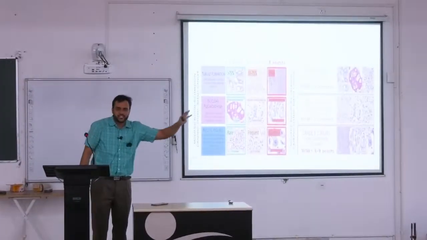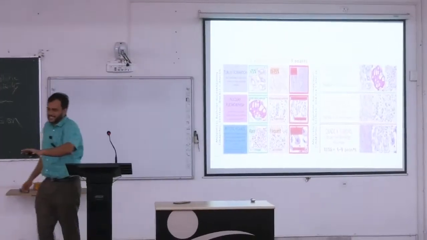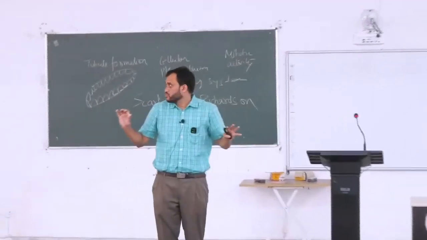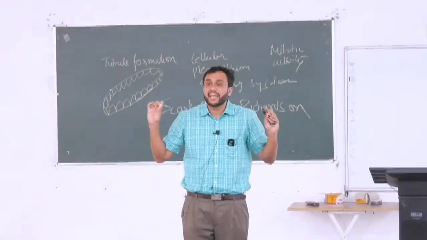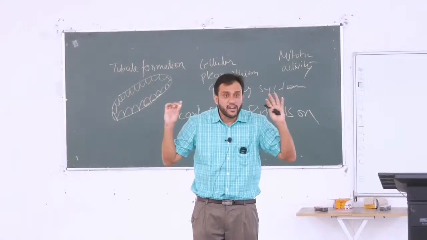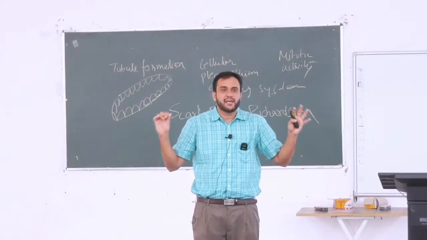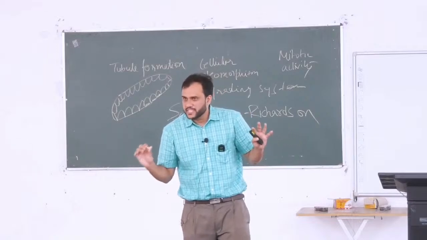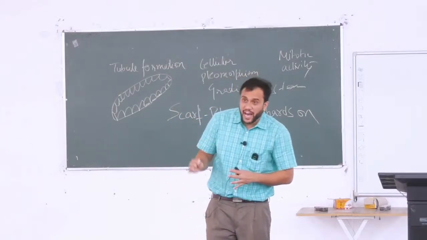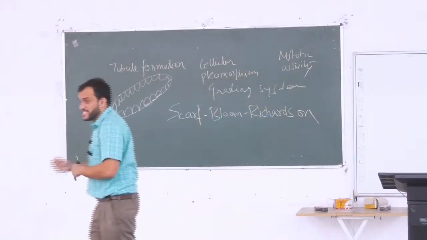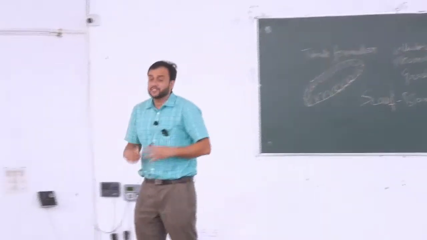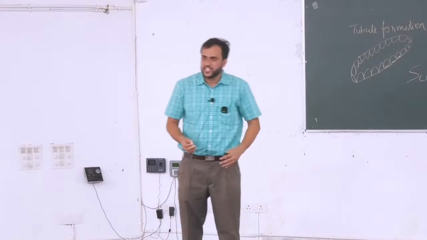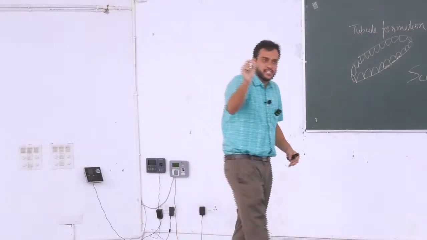Just know the names. Do not learn it by heart. You do not need it at your level. I'm just explaining it to you. Okay, just remember the names. Scarff-Bloom-Richardson grading system. If the examiner asks you, the examiner will be more than happy to give you 75% marks. And if he or she asks you what are the criteria based on which you categorize, what are the things that you look into?